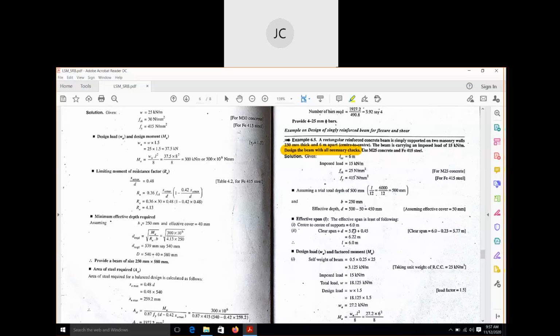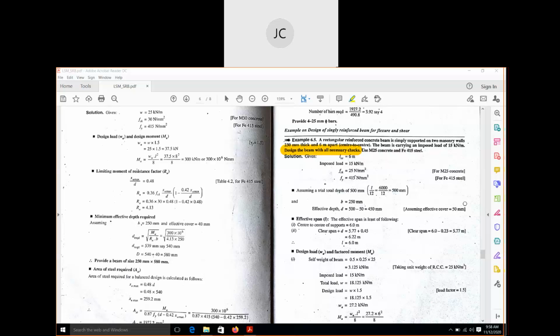The beam is carrying an imposed load of 15 kilonewton per meter. Imposed load is nothing but your live load. You are asked to design the beam with all the necessary checks, using M25 grade of concrete and Fe415 grade of steel.